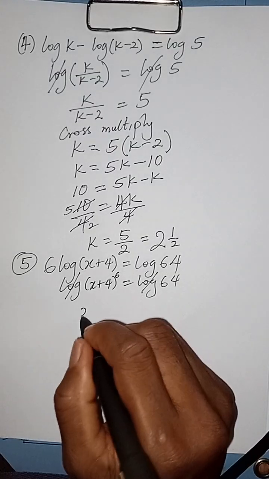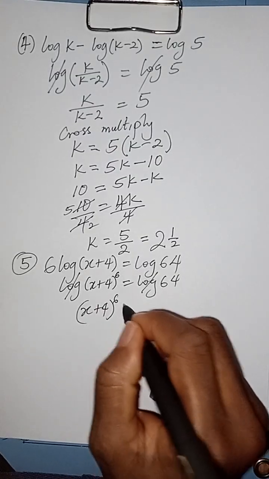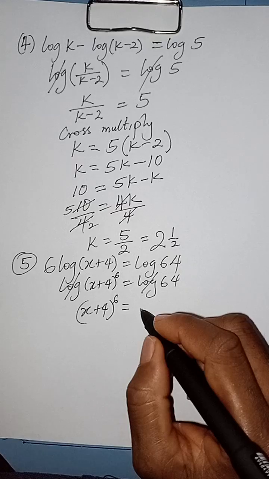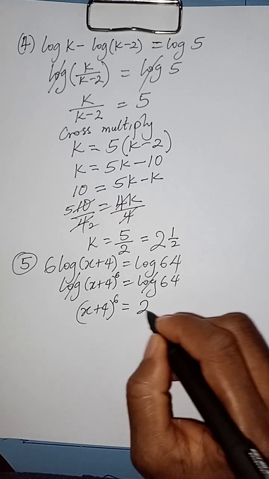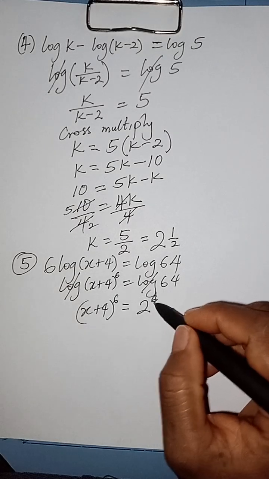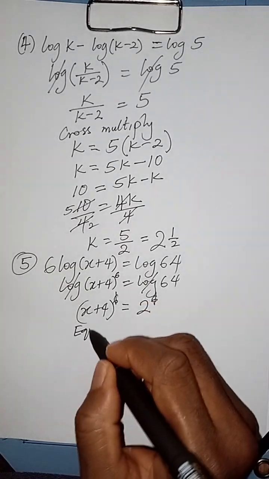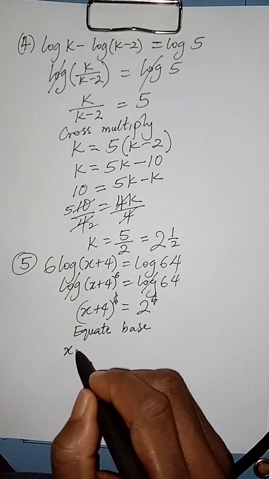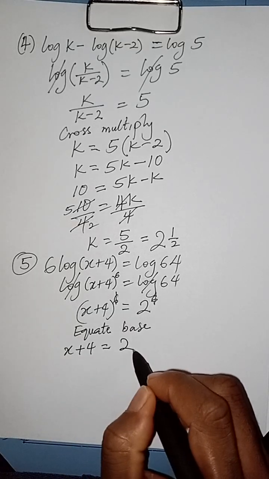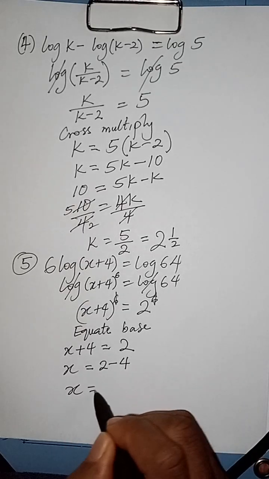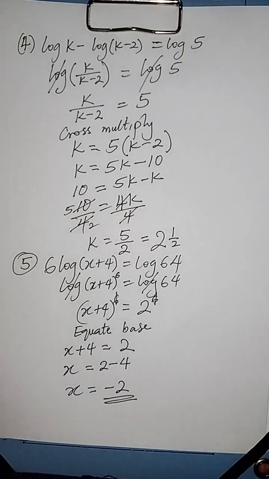You can express 64 as indices, and if you do that, you're going to have 2 raised to power 6, which means 2 times 2 times 2 times 2 times 2 times 2, six times, will give you 64. At this point, you can cancel out the powers. You don't equate powers this time, but you equate base. So x plus 4 equals 2. Collect like terms, 2 minus 4, and x is equal to minus 2.